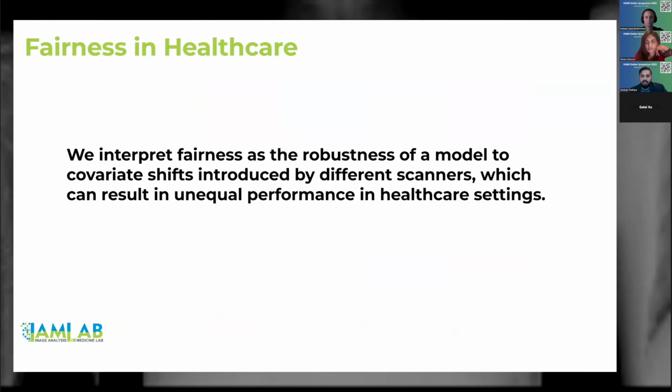But in this study, we also interpret fairness as the robustness of the AI model to the covariate shift introduced by different scanners, which can also be a factor in unequal performance in healthcare settings. It can also help us understand if the models are actually learning the cellular morphological features or just learning the scanner signals, or the distribution based on the cohort or the signatures of the scanner.